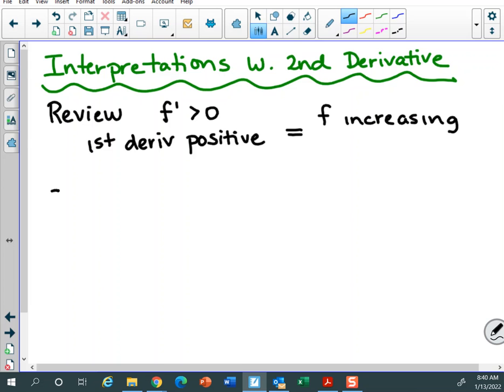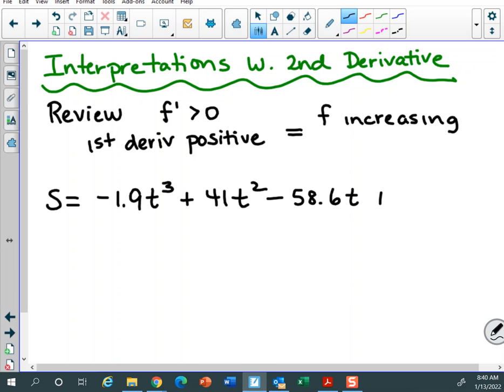Okay. So for example, let me throw something out here. Let's do a function. S equals negative 1.9 t cubed plus 41 t squared minus 58.6 t plus 3972.